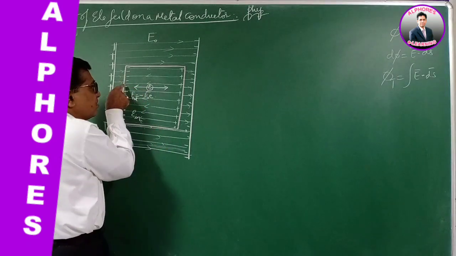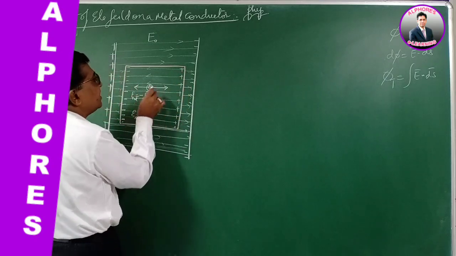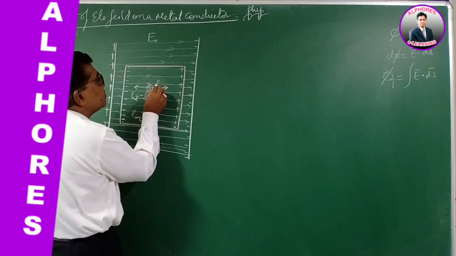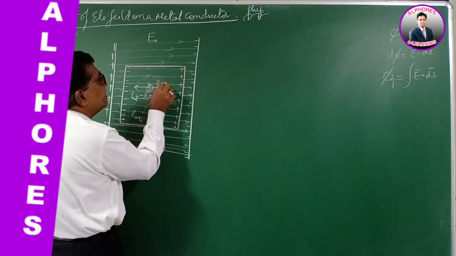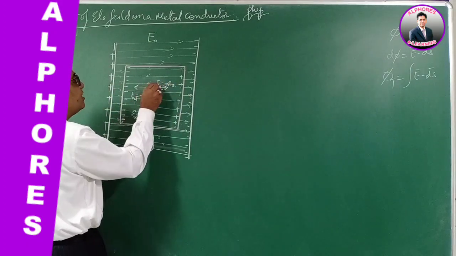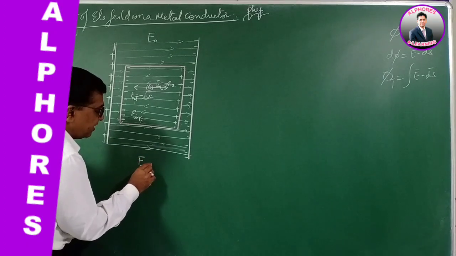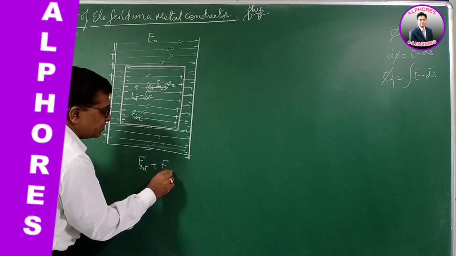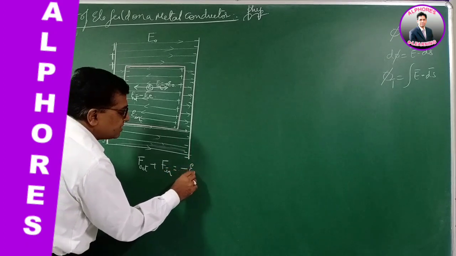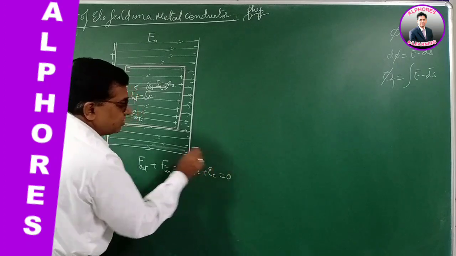It is repelled by the negative charge deposited here and attracted by the positive charge deposited there, so the force is plus E induced into e. The net force on the electron is minus E naught e plus E induced e, equal to 0.